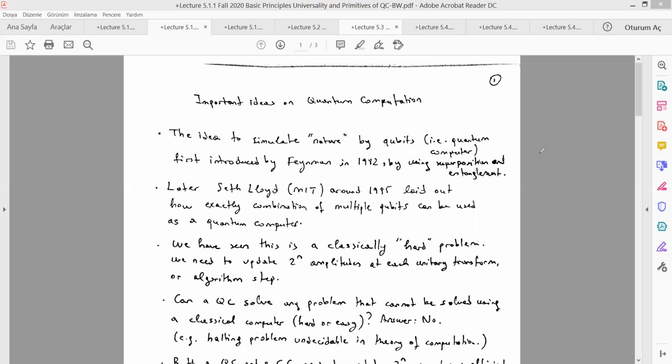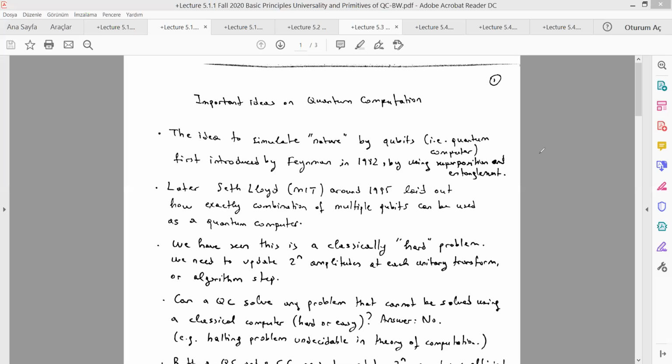Classically, we have seen that this is a hard problem, a hard quote unquote. When we say hard, we mean exponentially scaling, a problem that scales with n exponentially. That's called a hard problem. A problem that scales polynomially or linearly, or in an easier fashion, is called an easy problem.